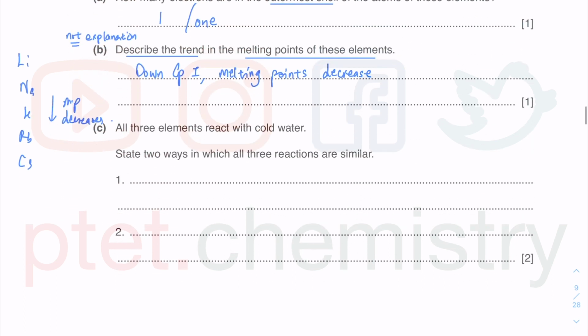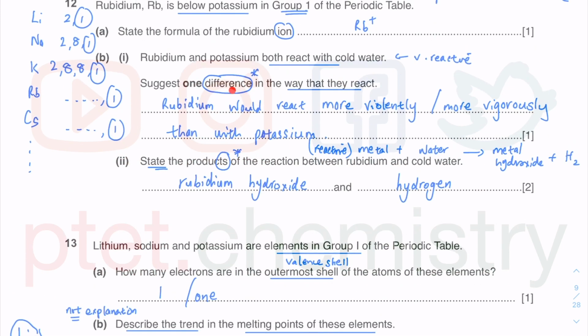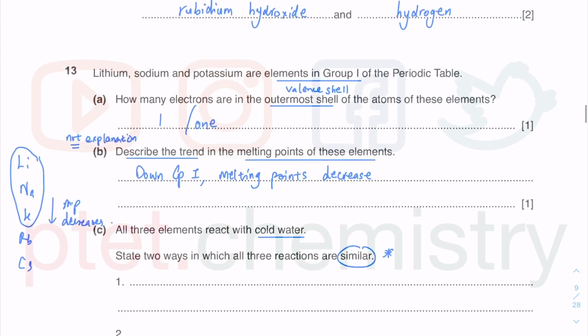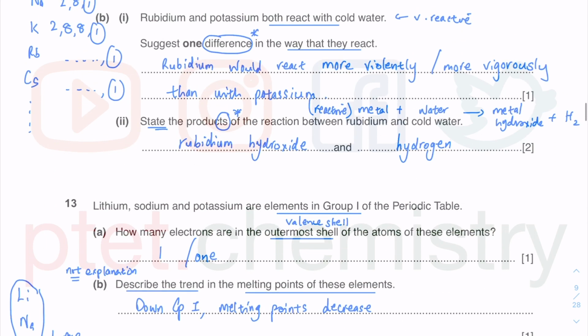All of them react with cold water, at least lithium, sodium and potassium. How are they similar? In the previous question, the question specified difference, where one metal further down becomes more reactive, reacting more vigorously and more violently. Here it is how are they similar. If we look at the previous question as well, a reactive metal plus water gives you metal hydroxide and hydrogen gas.